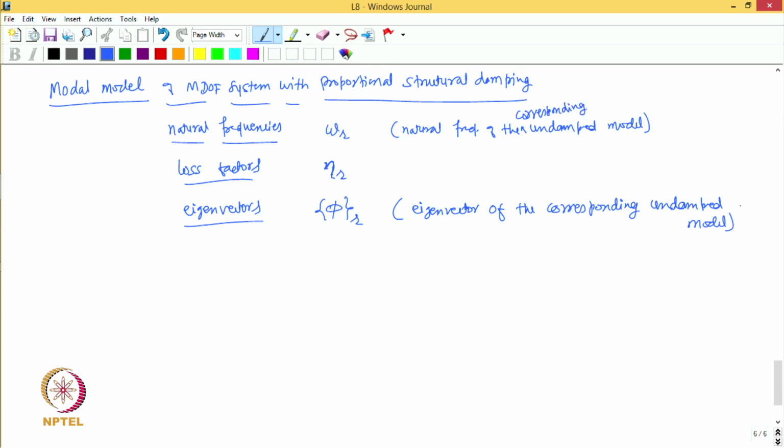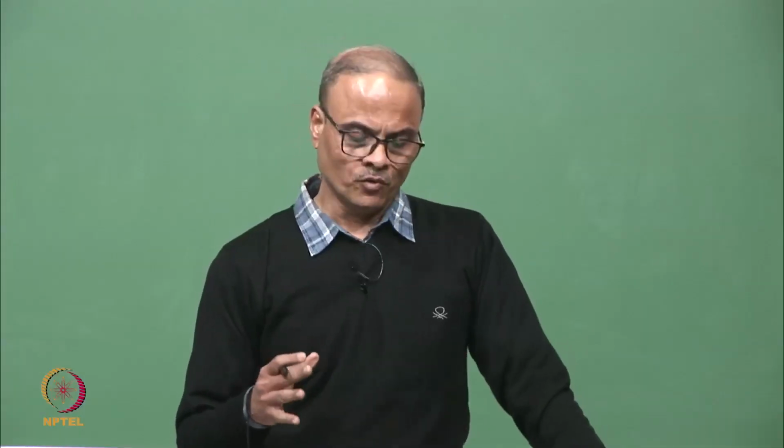And then all these quantities are defined for r is equal to 1, 2 up to n. So, there are n such natural frequencies, loss factors and eigenvectors. So, these quantities together make up what is called the modal model of the system, right.